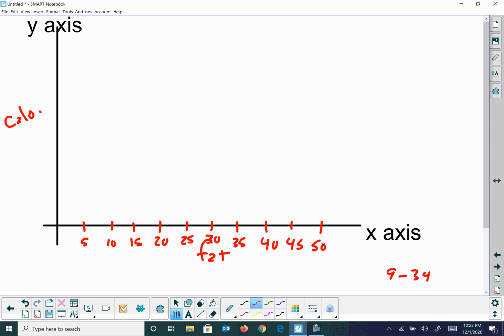Our y-axis went from like 260 to 590. A lot of people want to jump right on and say, let's count by hundreds. That might be a little too much. I'd say maybe we can count by 50s.